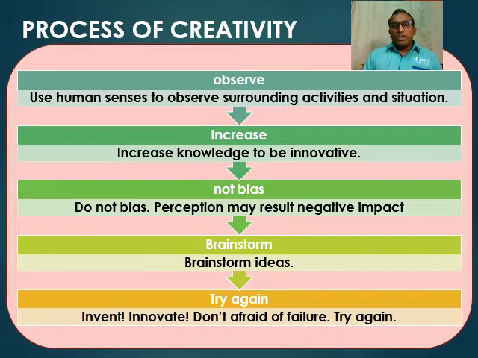I'm not going to go into detail about the flow chart, but basically it looks like you have to observe, and then have some idea of the area where you want to create an idea, and then increase knowledge on that area. Maybe Google, go look at journals.